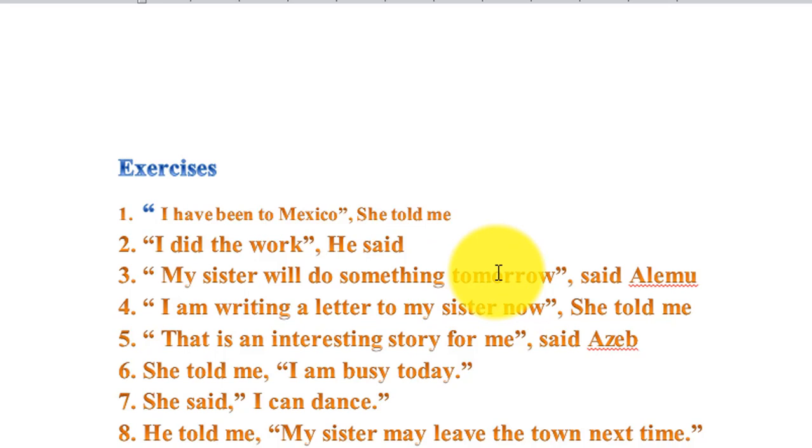This is the way of reporting simple future.